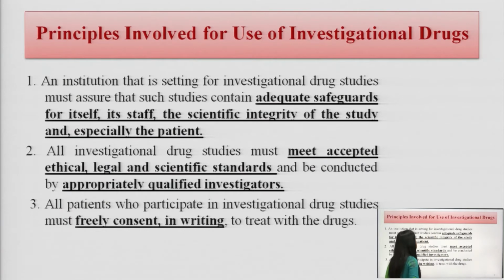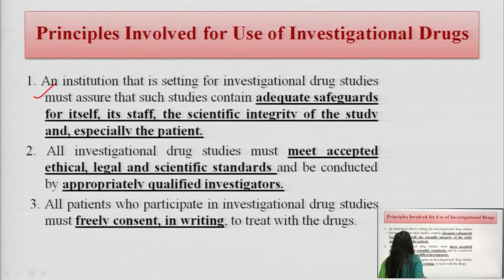Now, the principles involved in the use of investigational drugs. If any institution is doing a clinical trial or testing any new product, then the institution should follow some points. What are these points?